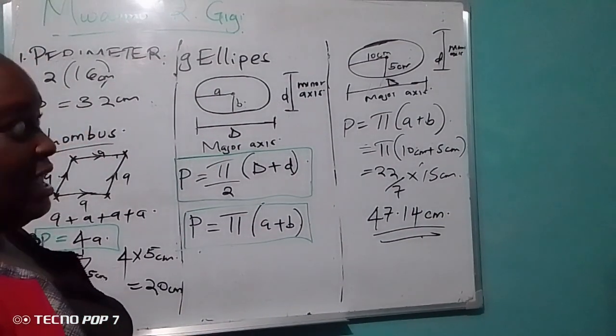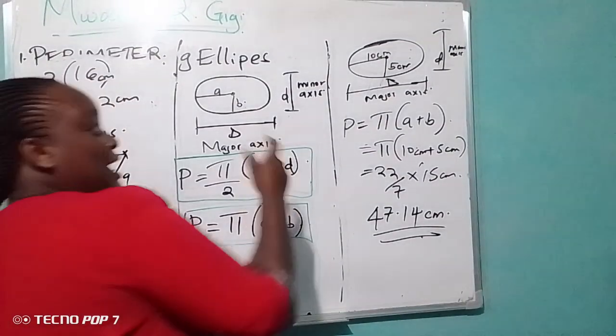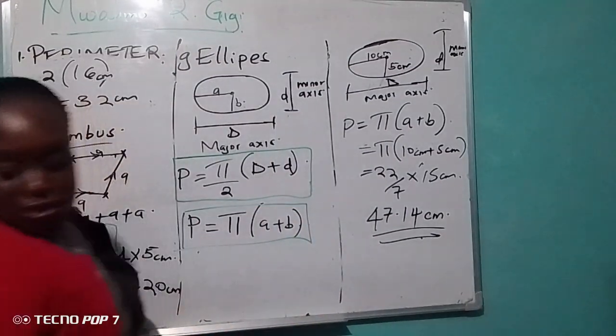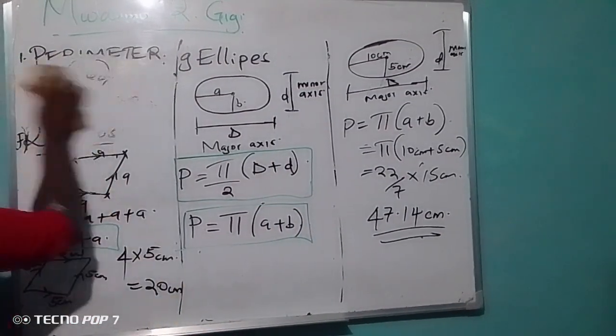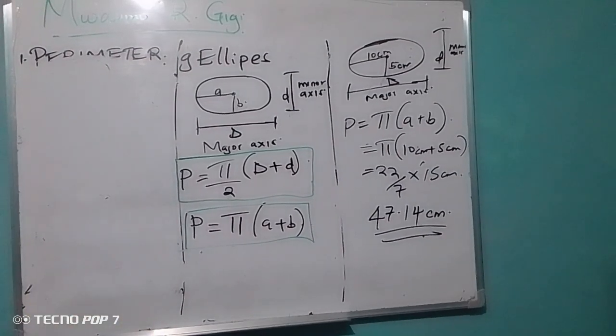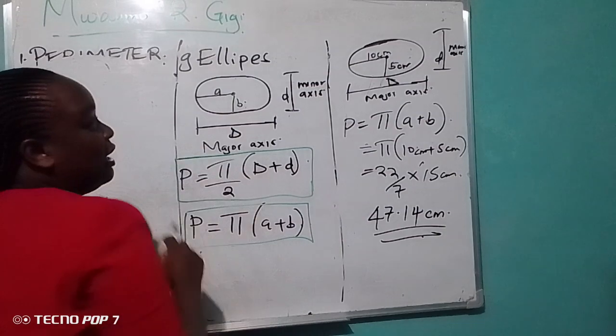So let us try and use the D. Tutumie diameter. Si ni radius, tutumie diameter. Tuone kama tutapata the same answer. Tunaweza pata the same answer. So in this case diameter itakuwa ngapi?